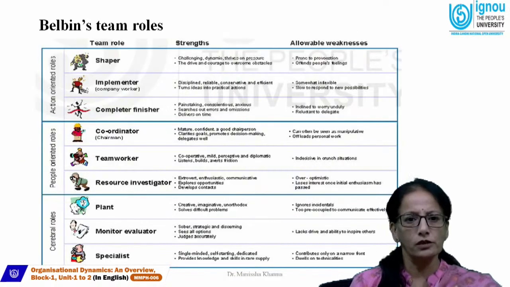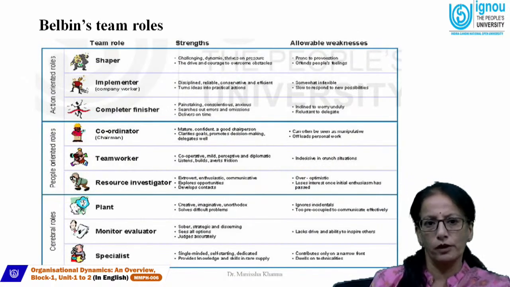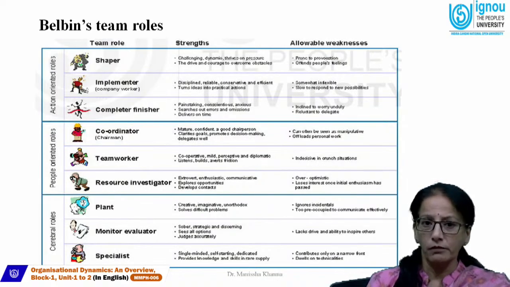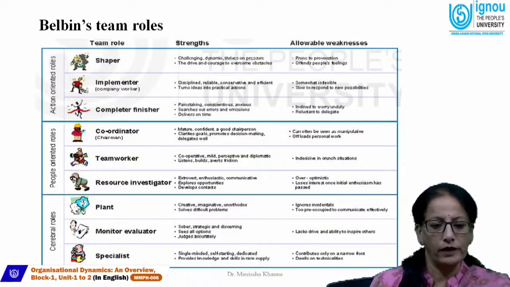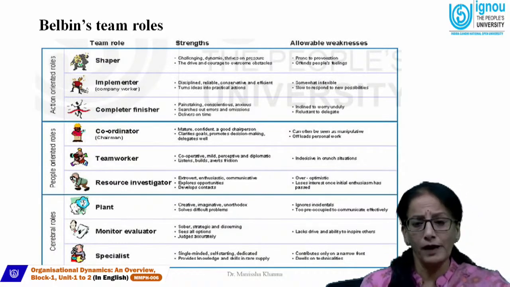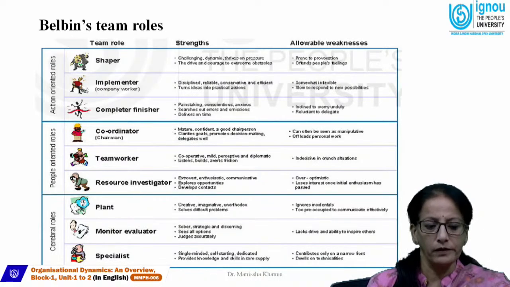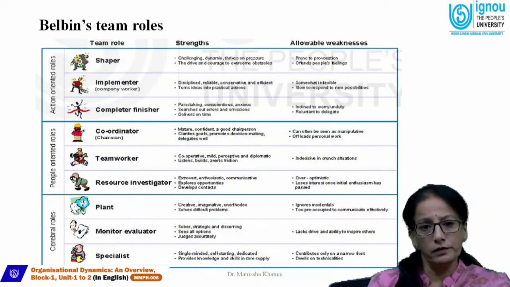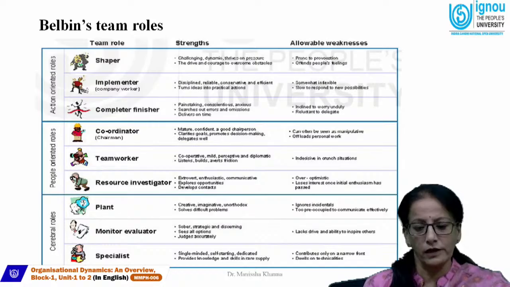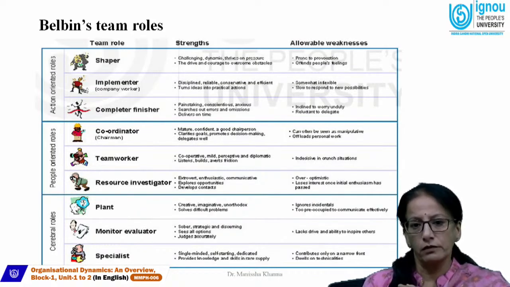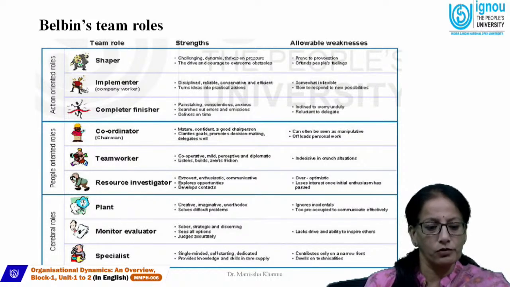The details of these roles given by Belbin are these. The shaper is the one who plans things and is very particular about the planning. Then there are the implementers and the completer finishers, who worry about what is happening and what is not happening.